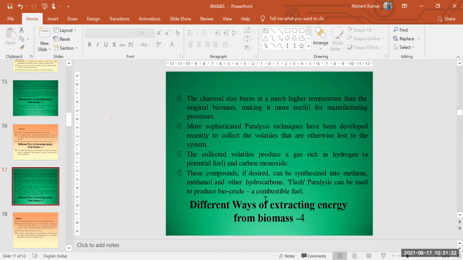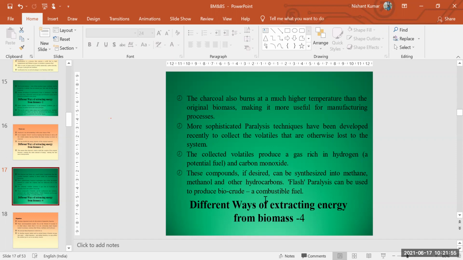We could separate this mixture and save the hydrogen. These compounds, if desirable, can be synthesized into methane, methanol and other hydrocarbons.